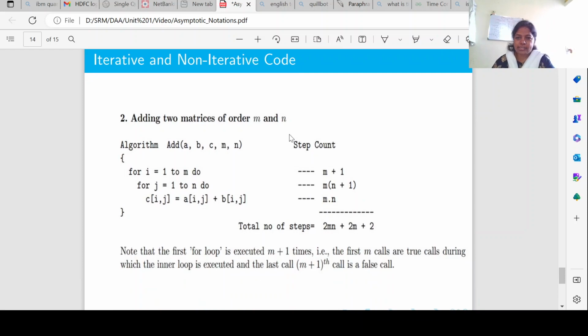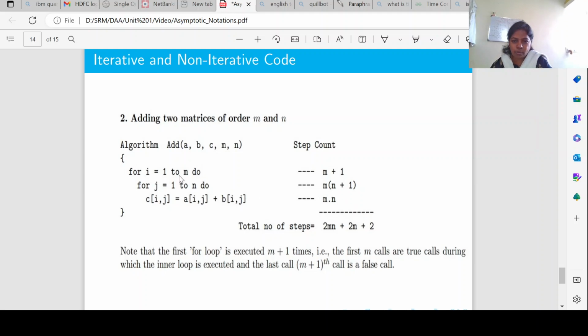You can see the next example, algorithm add a comma b comma c mn. Here in this algorithm I am using two for loops, right? So the first for loop takes m plus 1 time. The second for loop takes n plus 1 time, which means this for loop is going to execute n plus 1 times.